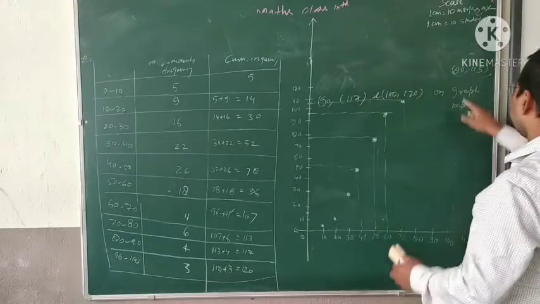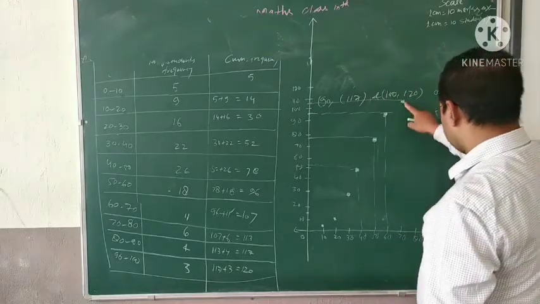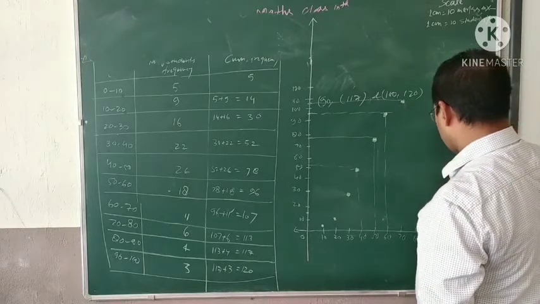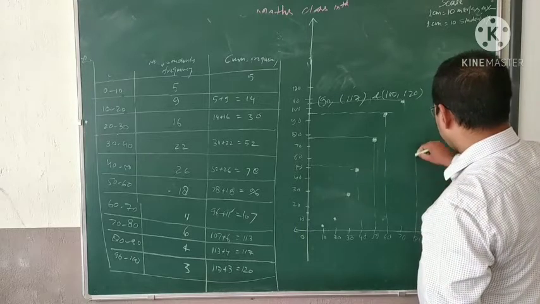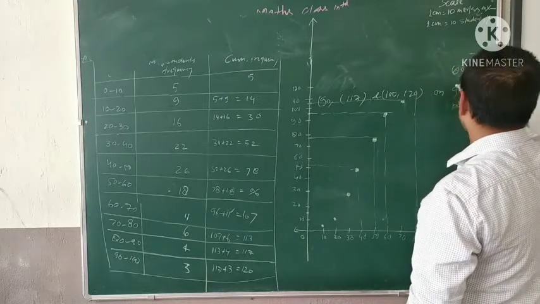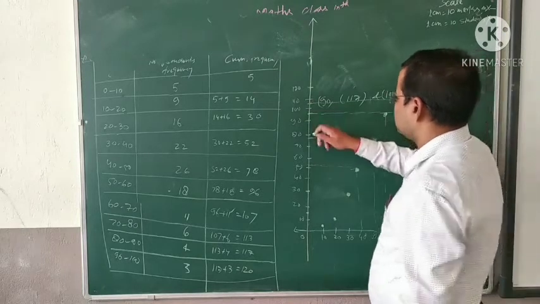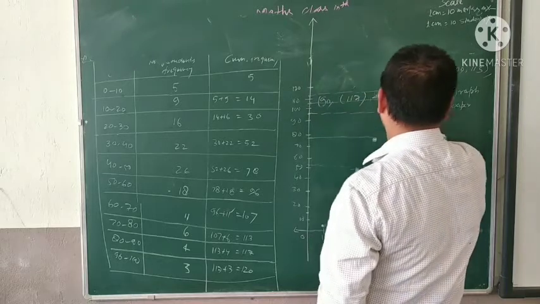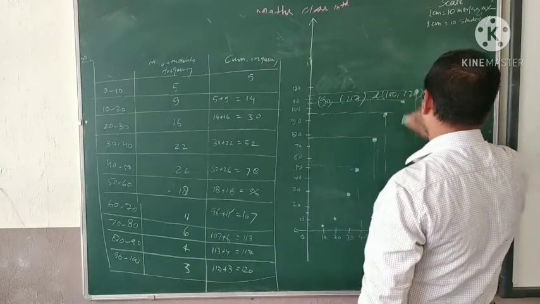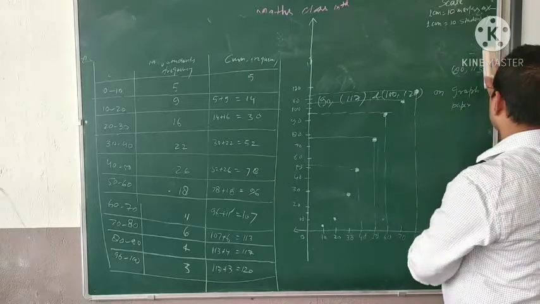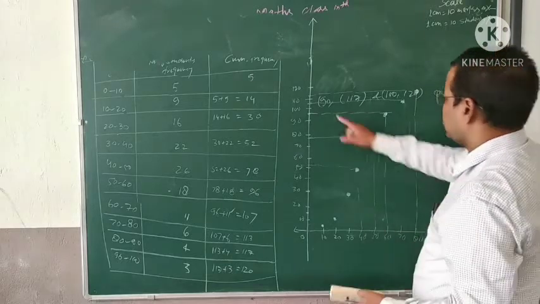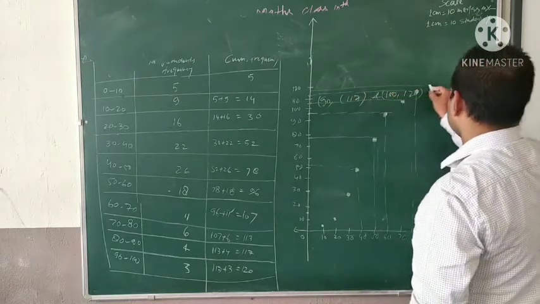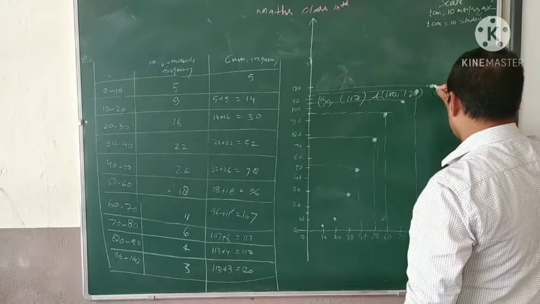Now 80 and 130. This is 80, and 130 will be near about here. This is the point. Now we plot 90 and 170, near about this.